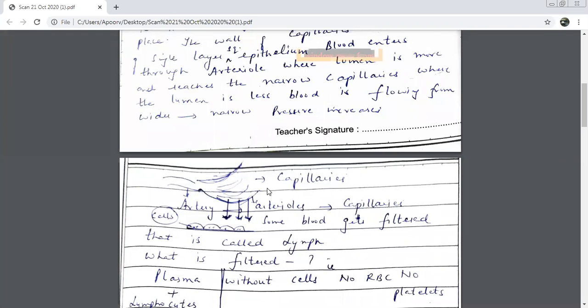And we also know, what are arterioles? Arteries, you know, they divide further into what? Arterioles and capillaries.